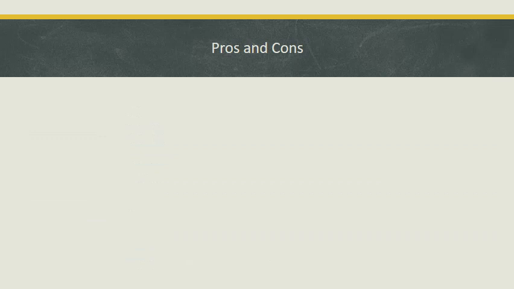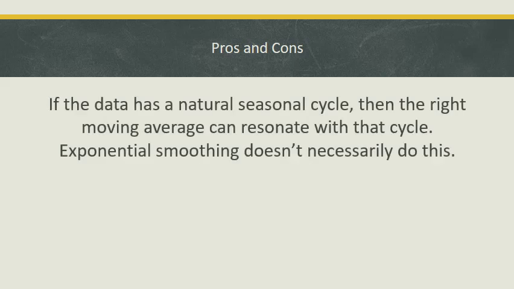Finally, let's compare and contrast the two methods that we learned today. One of the advantages of moving averages is that it is pretty simple to do and easy to remember. Also, if the data has a natural seasonal cycle, then the matching moving average can lock into its rhythm and remove it.